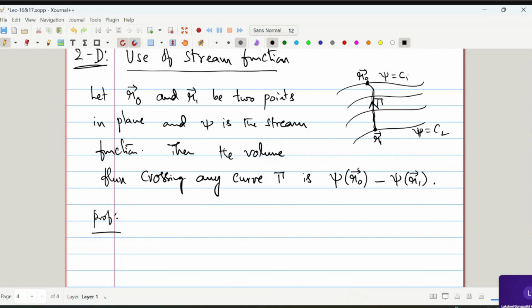Suppose a stream function exists for your 2-dimensional flow. You take any 2 points and connect them by some curve gamma. Then the volume flux of the flow crossing this gamma is exactly equal to this difference. The difference simply means the constants, that is C1 minus C2. Isn't it?